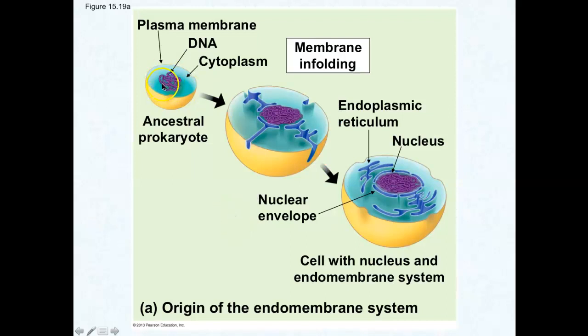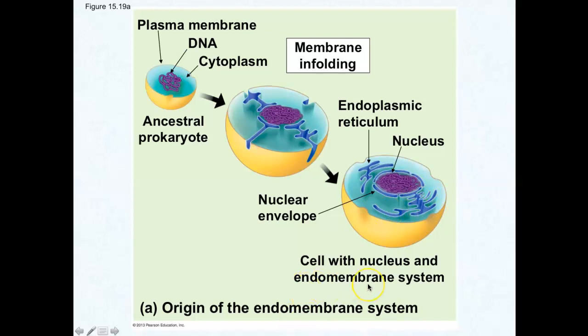So we have our ancestral cell with our DNA here, and the cytoplasm, the plasma membrane starts to fold in towards the DNA. It eventually forms a bilayered envelope around the DNA, forming the nucleus. And then the other portions of that plasma membrane that came in all become part of that endomembrane system.